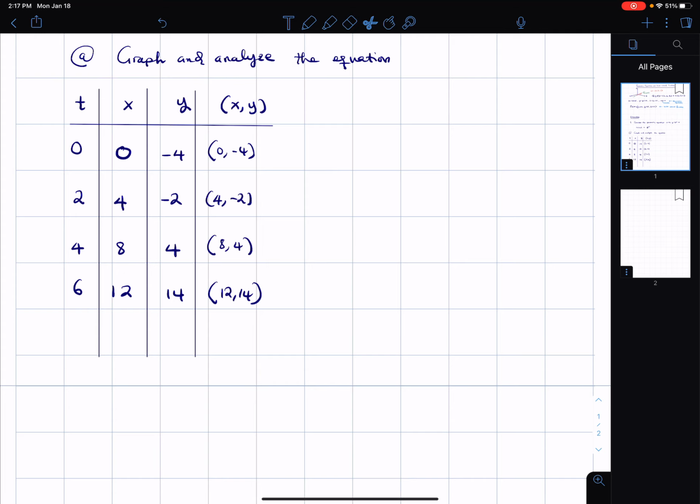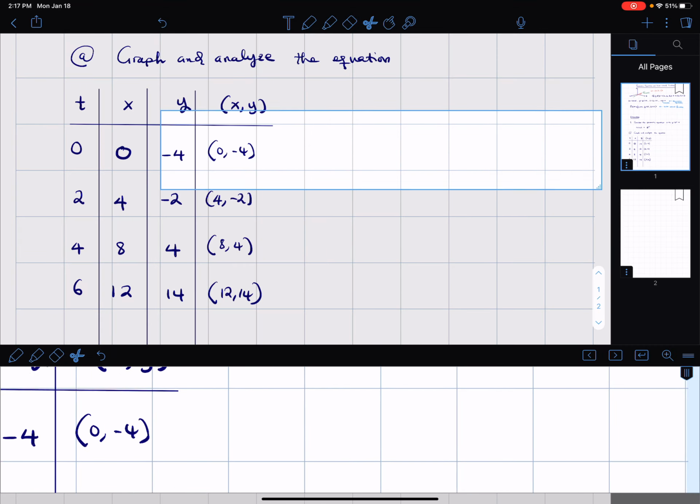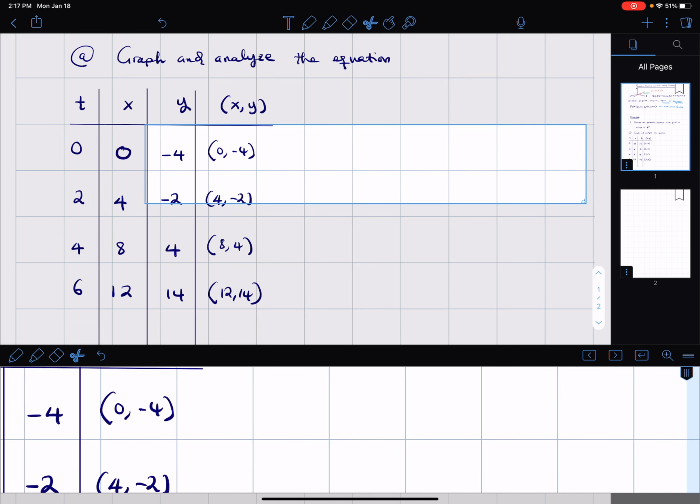Okay, so let's now draw this graph. Again, I'm going to be working with a very limited set of apparatus here.